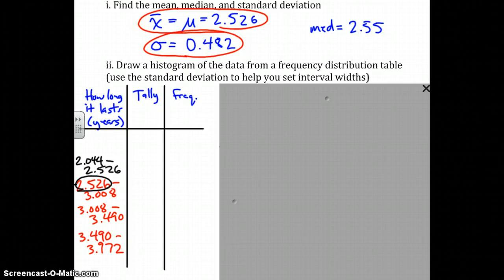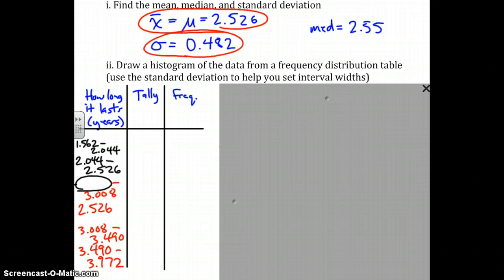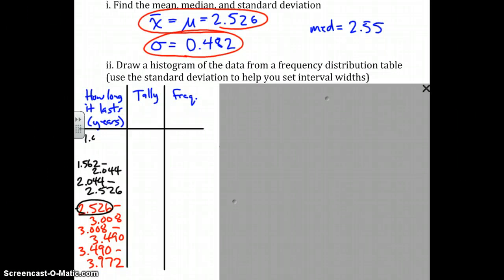So I have 2.044 minus the standard deviation, so 1.562 to 2.044. I should have made this table with more room, but this will have to do. And then go down another standard deviation, so it's 1.08 to 1.562.